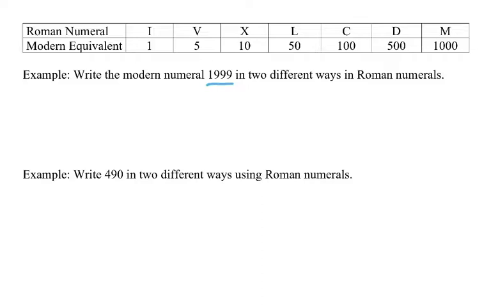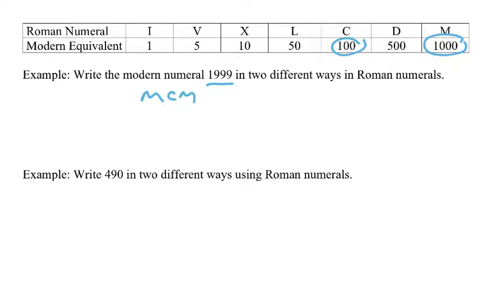So for the 1,000, you might write the letter M, and that makes sense. Then you look at the 900, and you'd have to think of the 900 as being 100 less than 1,000. So you could use the C that represents 100 and the M that represents 1,000. Put the C first, and that would be 1,000 minus 100. That would give you the 900.